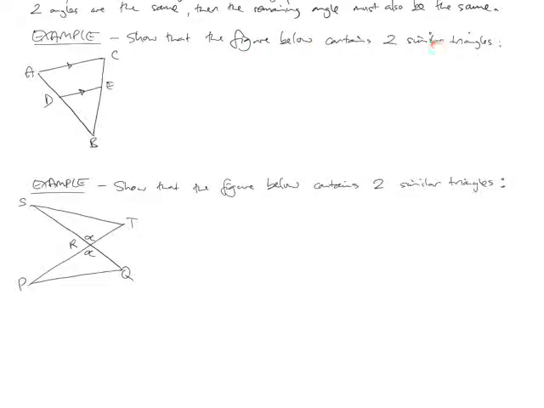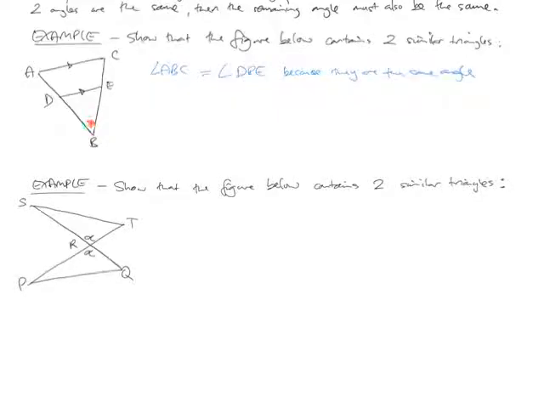Show that the figure below contains two similar triangles. So we have a large triangle and a small one there. So let's mark angle ABC is equal to angle DBE because they are the same angle.